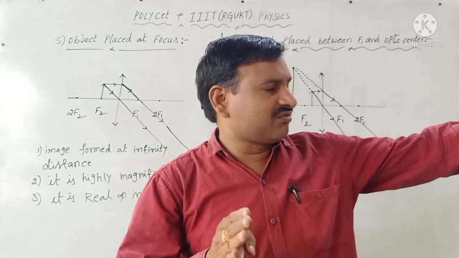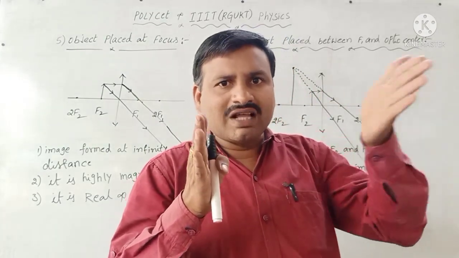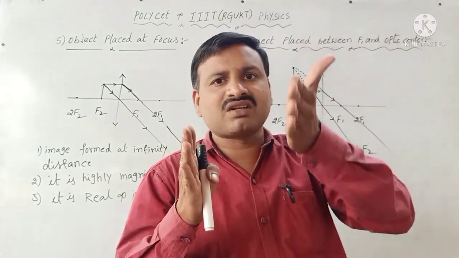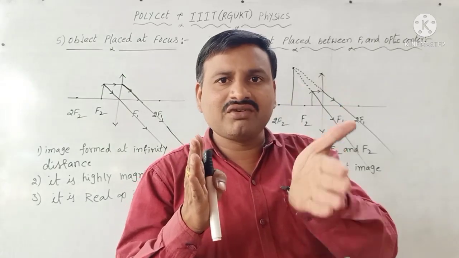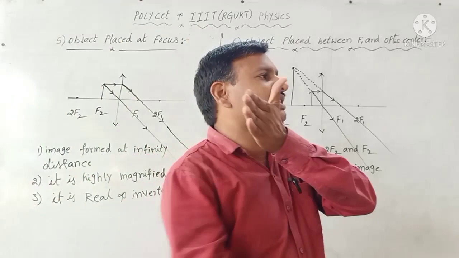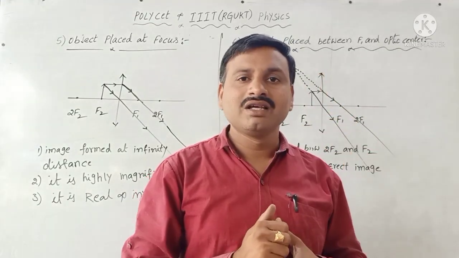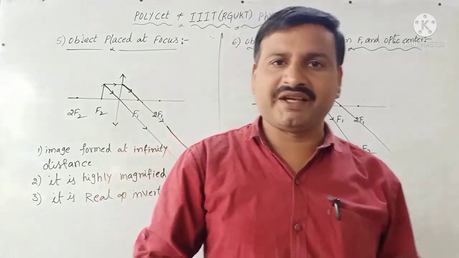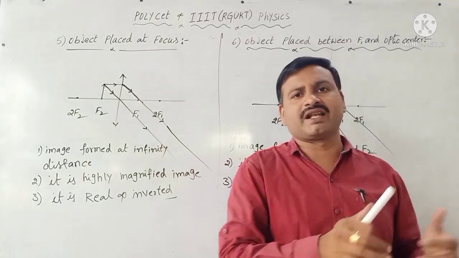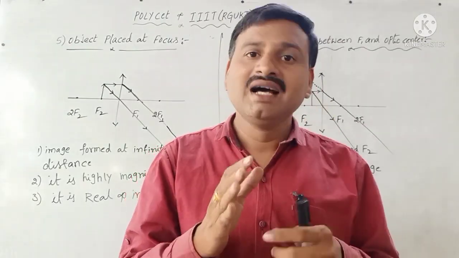When the object moves close to the lens, the image is far away from the lens. So the total conclusion is that when the object moves close to the mirror, the image is far away from the mirror, or from the lens.